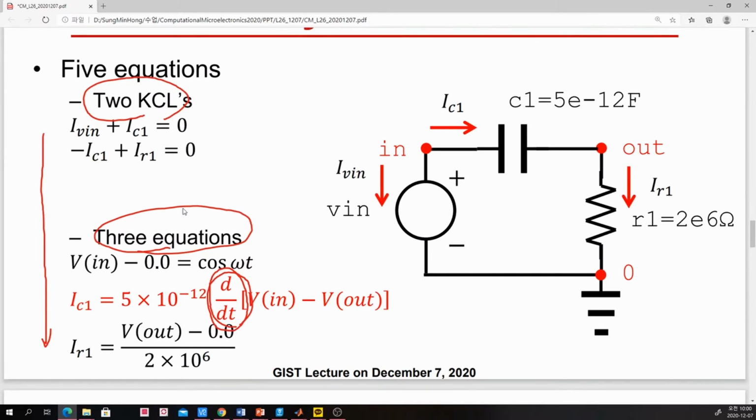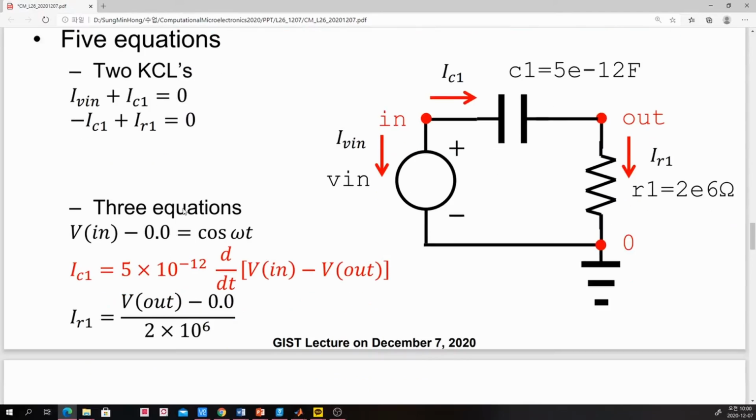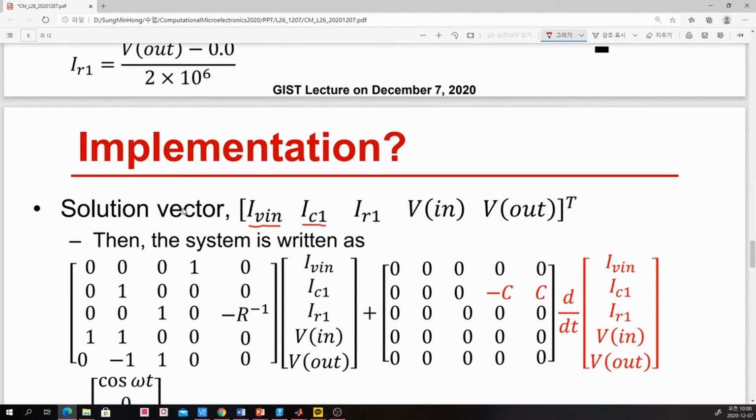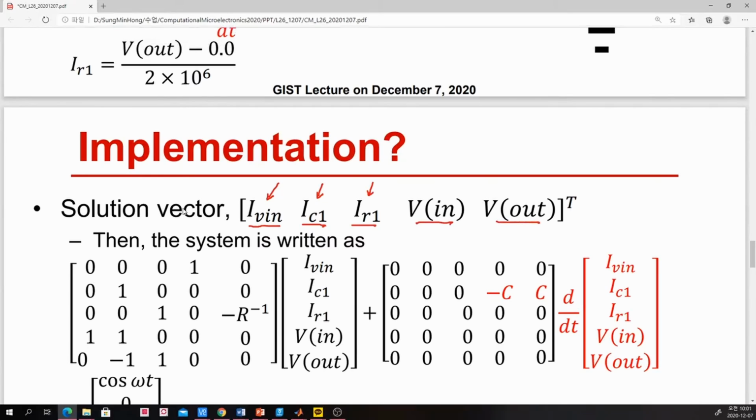How can we express this time dependent term in terms of our 5 unknown variables? That will be the goal. The solution vector is regarded as, for example, the currents of our 3 circuit elements and node voltages.